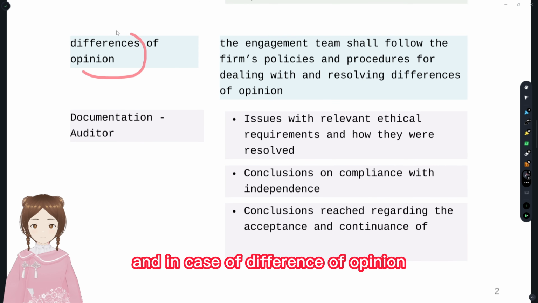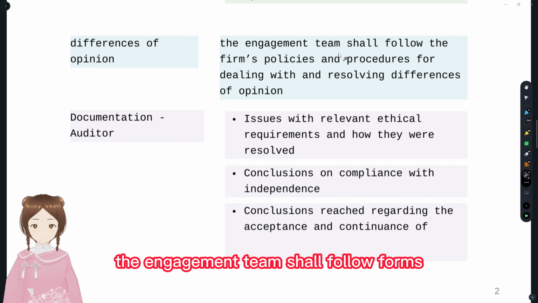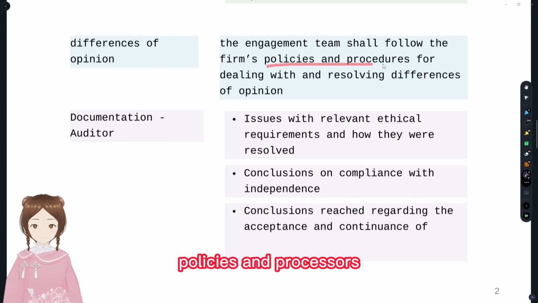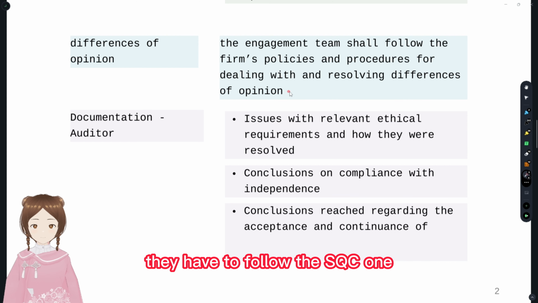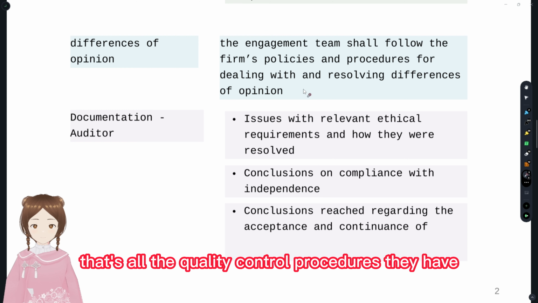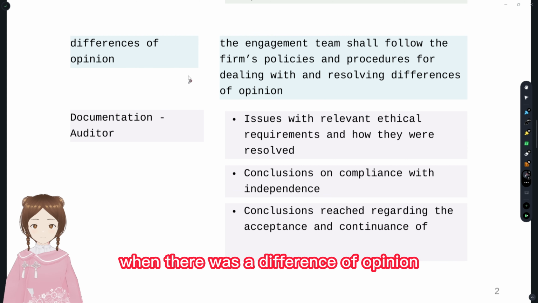In case of difference of opinion, the engagement team shall follow the firm's policies and procedures for dealing with and resolving the difference of opinion. They have to follow SQC 1, all the quality control procedures they have when there is a difference of opinion.